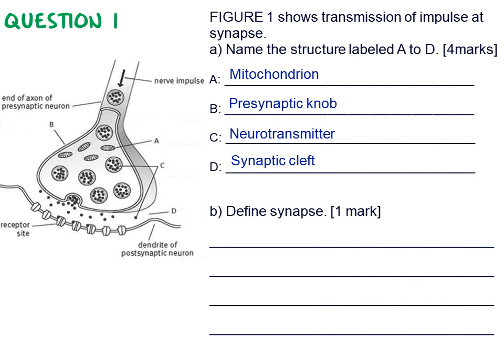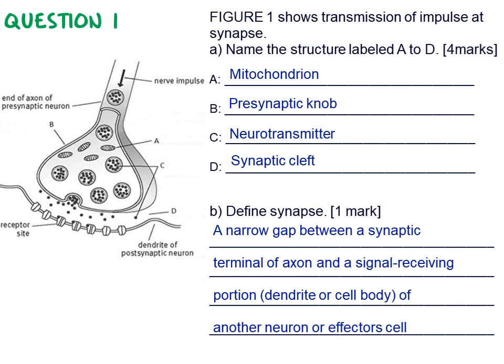Okay, so we are done with 1A, now we move to 1B. Define synapse. So what is synapse? So synapse referred to a narrow gap, okay, a region between a synaptic terminal axon, in this case referred to presynaptic knob, and a signal receiving portion.